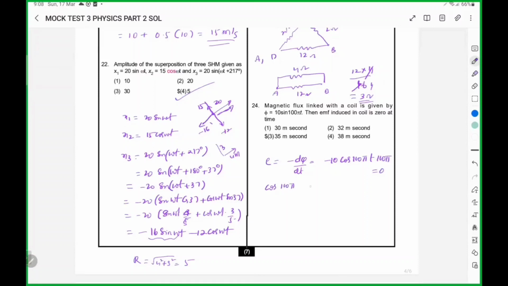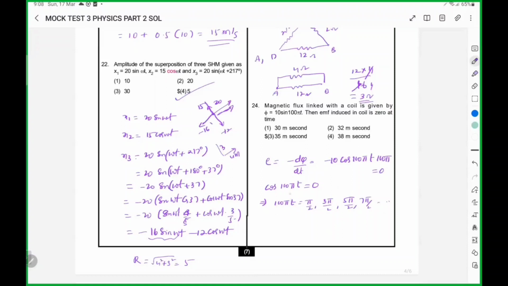Cos 100 pi t is 0 for odd multiples of pi by 2, which implies 100 pi t will be pi by 2, 3 pi by 2, 5 pi by 2, 7 pi by 2, and so on.